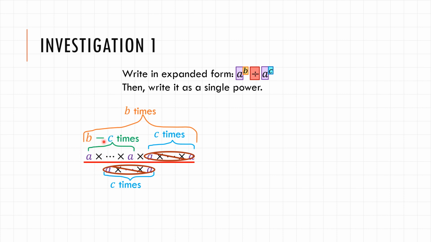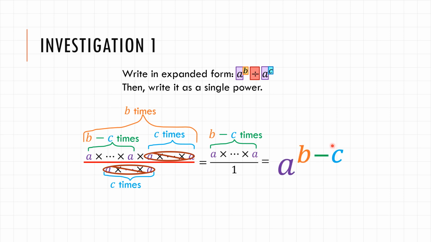B minus c. I started off with b, and I subtracted c. That leaves me with b minus c. And so if I want to write this as a single power, it would end up being a times itself, b minus c times, which is just a to the power of b minus c.